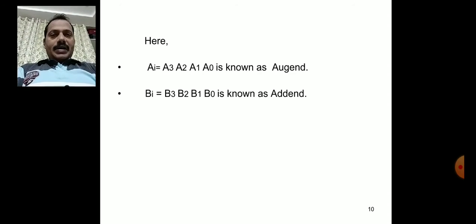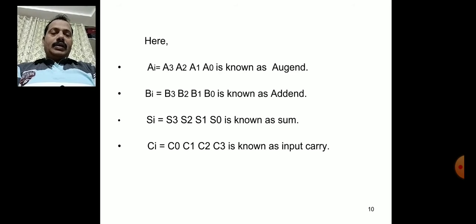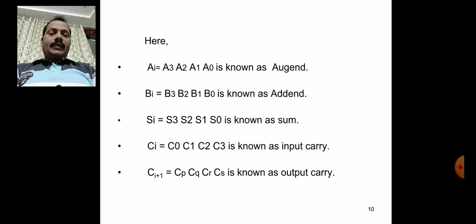These are the two numbers we would like to add, and this is the sum S3, S2, S1, S0, and the carry generated are C0, C1, C2, C3, and the final carry is the Ci plus 1, is known as output carry.